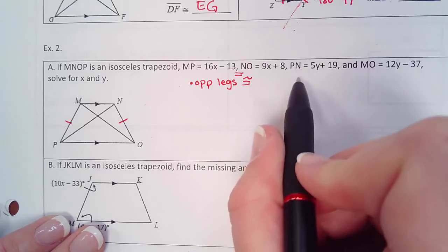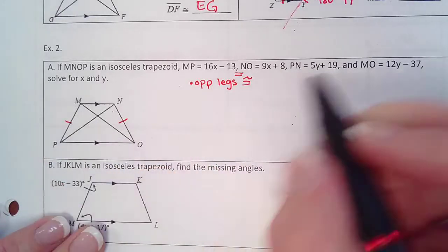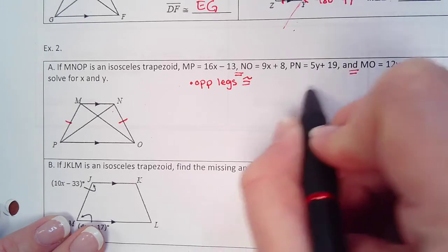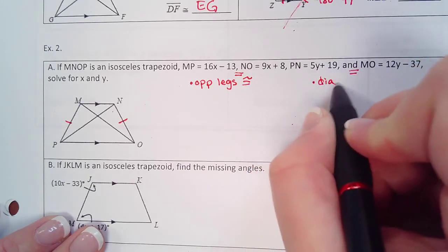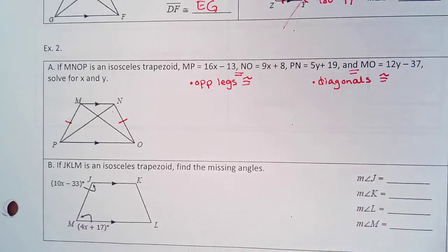And then we have PN, which is a diagonal, and MO, a diagonal. So we know that these things are congruent because diagonals are congruent. Then solve for x and y.